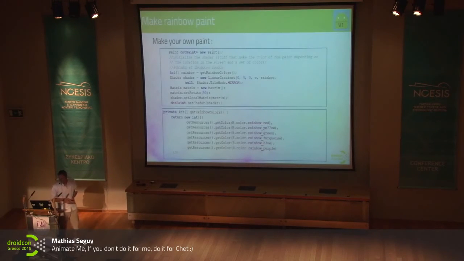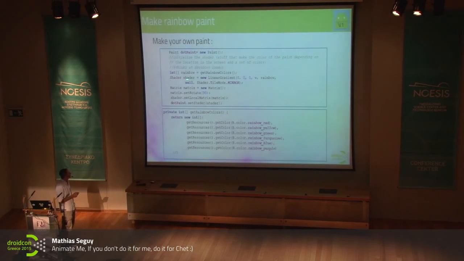And if you want to make a rainbow paint, this is the last slide. Okay, it's from Shuki, who gave a conference at DroidCon, and she's really good. She's an amazing girl. And you just have to make a rainbow color set. So it's an array of ints, in order.